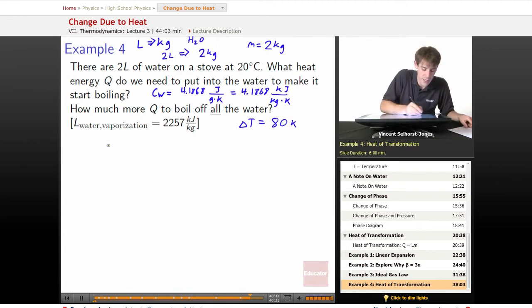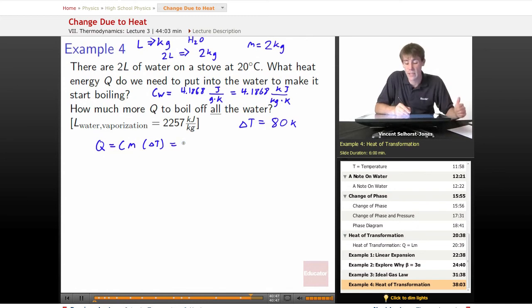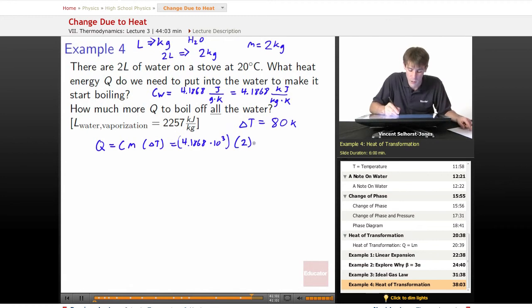Our formula is: the amount of energy that we have to put in to get a given temperature increase for a given substance is the specific heat times the mass we're dealing with times the change in temperature. So our specific heat is 4.1868 kilojoules per kilogram per Kelvin, so it's 4.1868 times 10 to the third, since we're dealing with kilojoules, times the mass we're dealing with, 2 kilograms, times the change in temperature, 80 Kelvin.